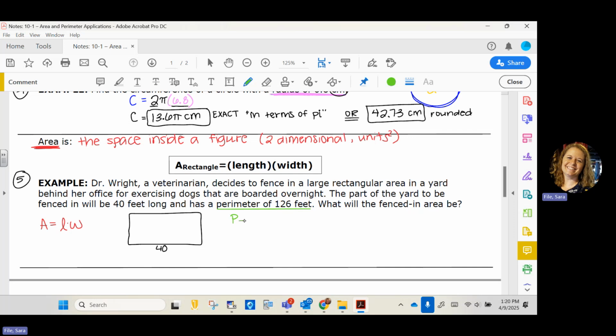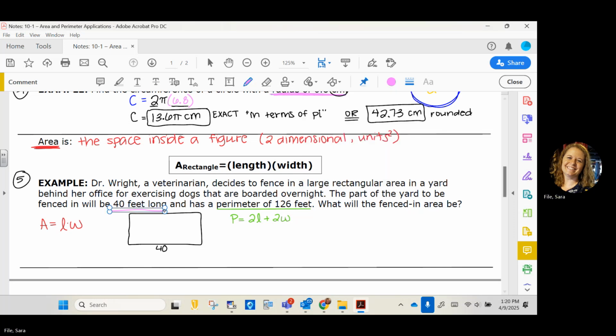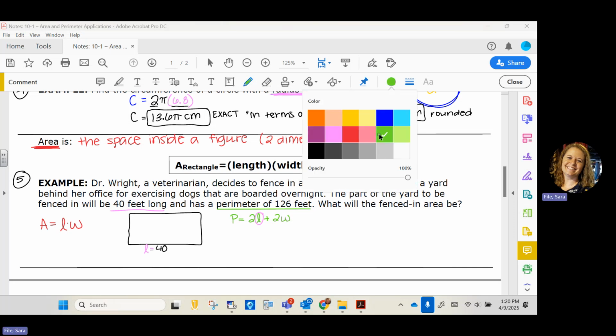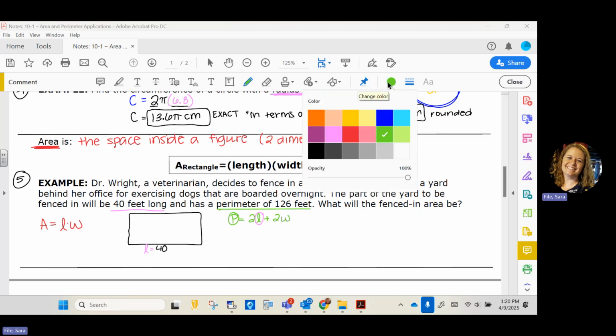Well, remember, perimeter is 2 lengths plus 2 widths. So I'm going to need, that's L, is 40. I'm going to need to plug in my perimeter and my length to solve for the width so I can get area.